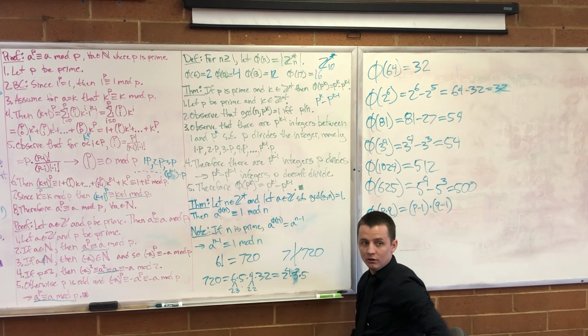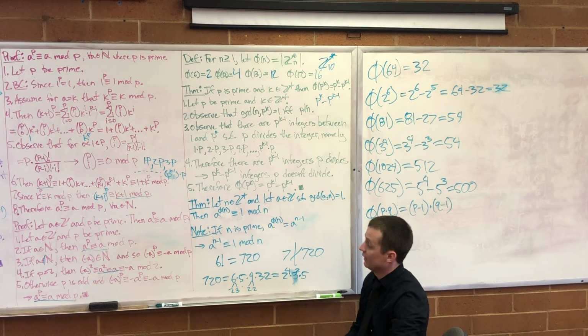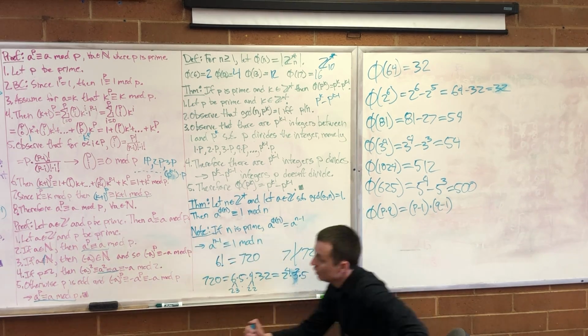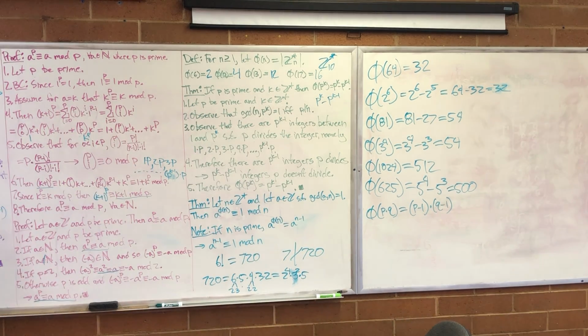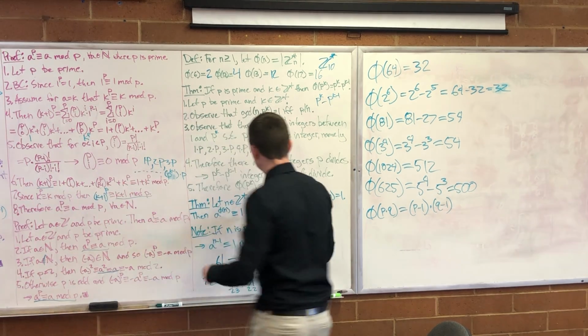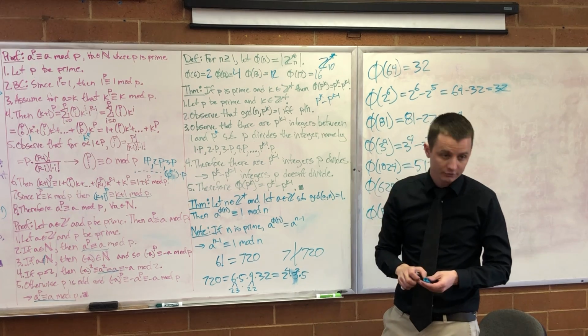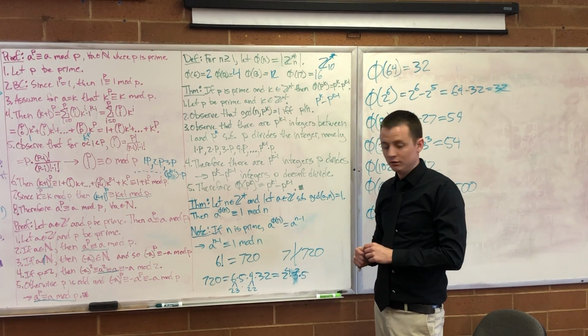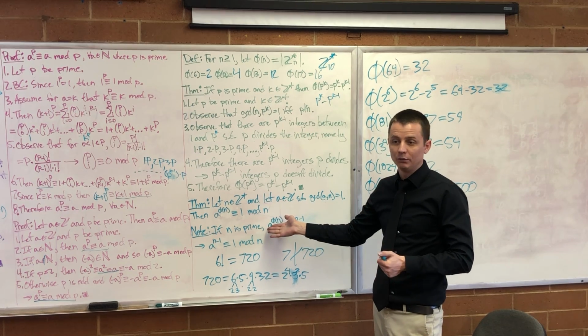You can replace n with p if you want, which is exactly what we showed over here. And then you see how Fermat's little theorem follows immediately from that as a corollary. So that's why this is often referred to as a more generalized version of Fermat's little theorem, because we're not limiting ourselves now to just talking about primes.